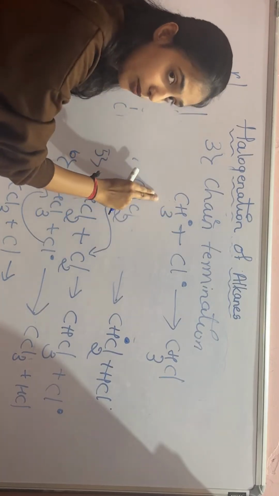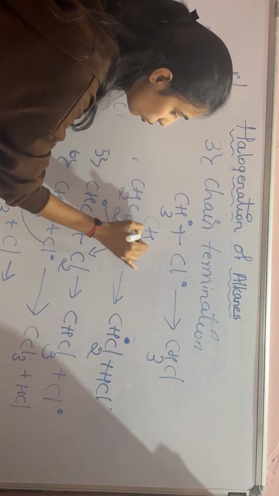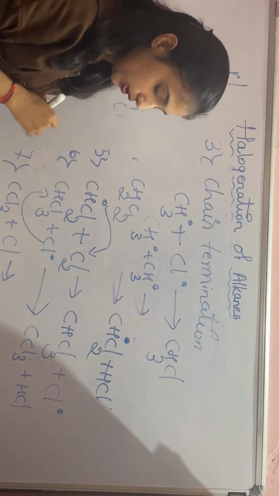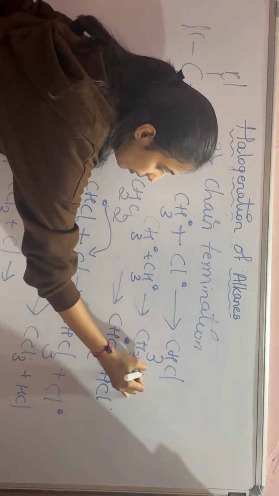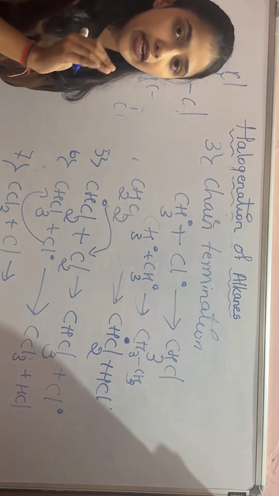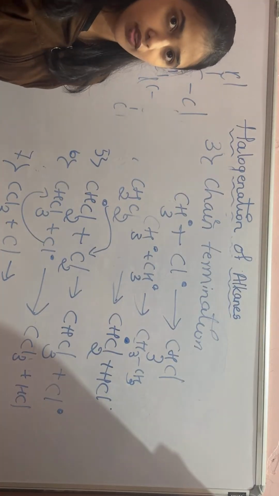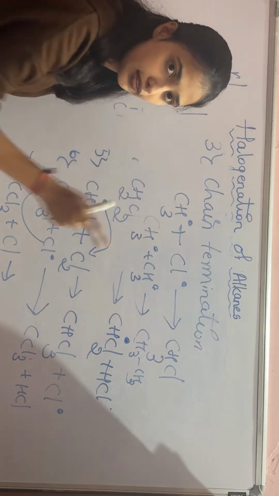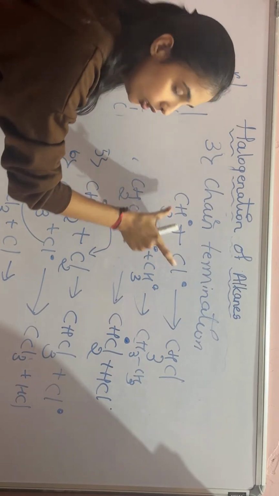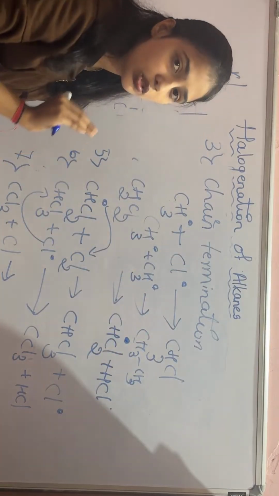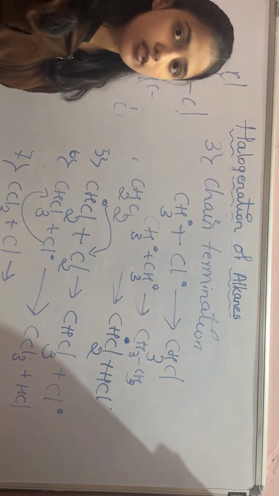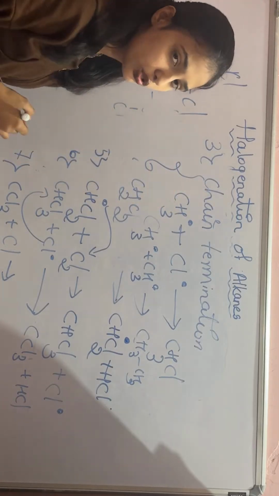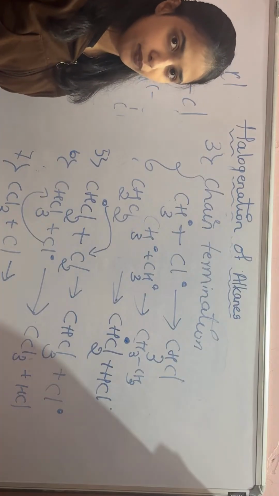But when two same or two different free radicals come together, then that will be the termination of our entire halogenation reaction. When two reactants having free radicals combine to form a product where there are no more free radicals left for further reaction, like this the entire halogenation reaction will be completed.